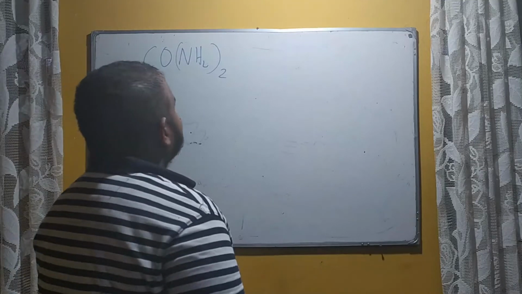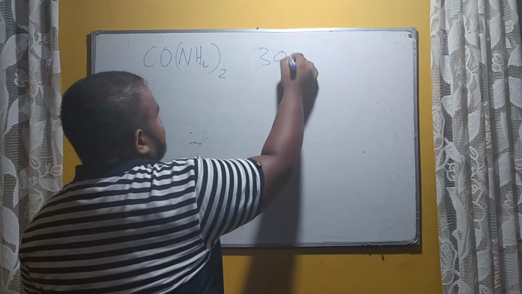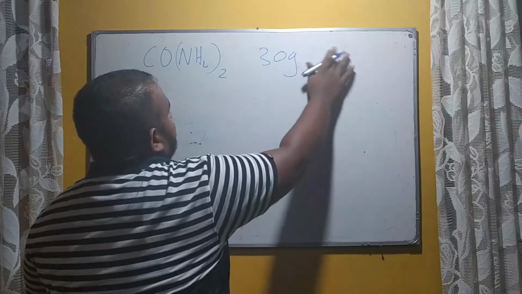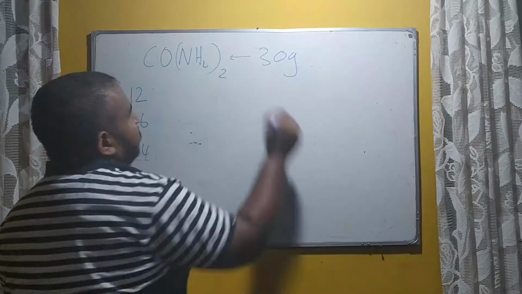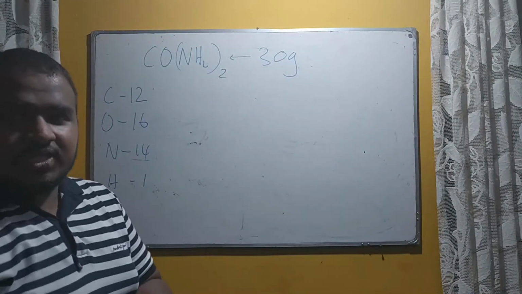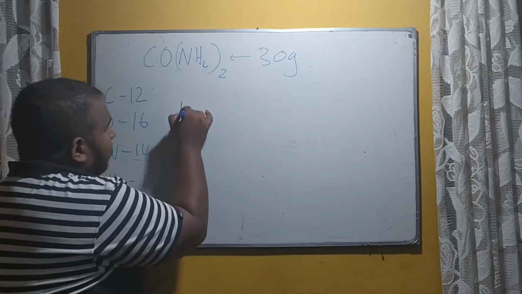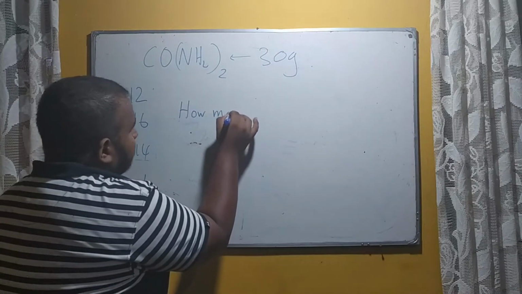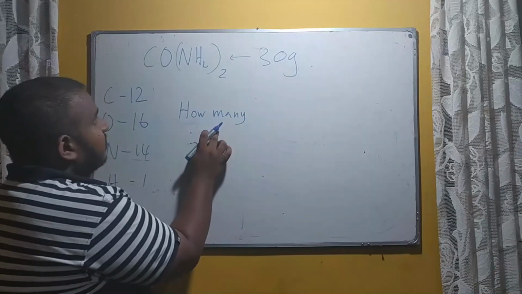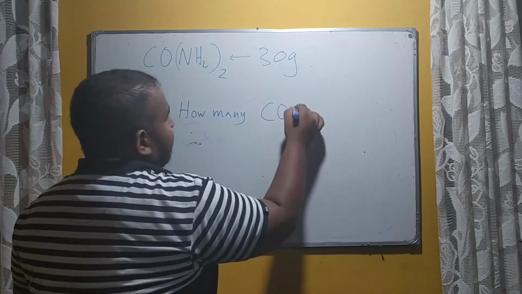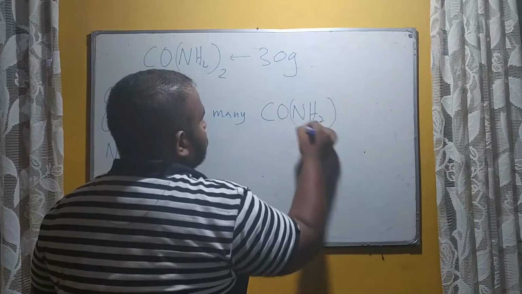What they are asking is, there are 30 grams of urea. First question, how many urea molecules are present?